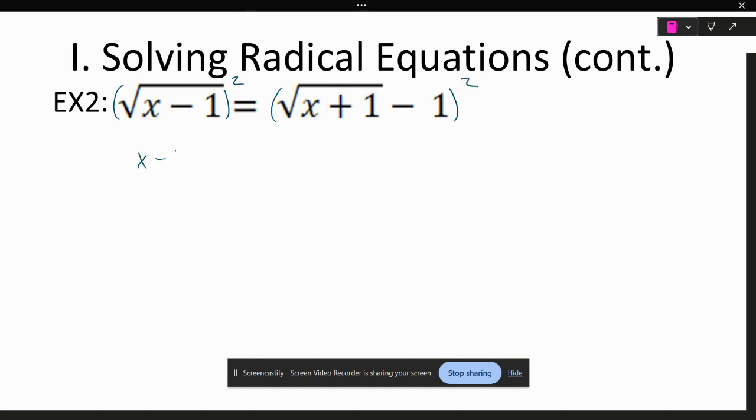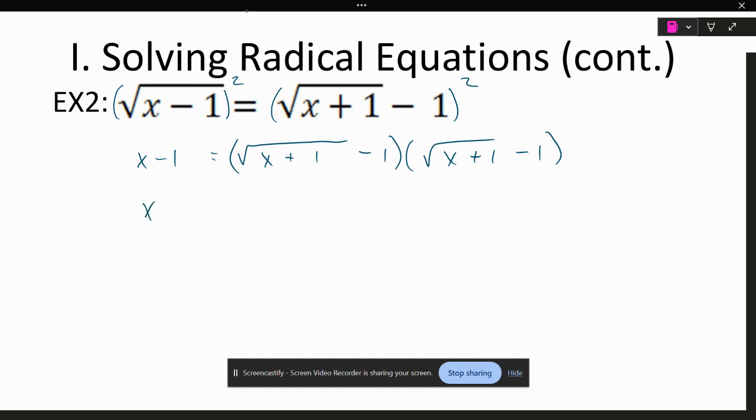So x minus 1, and then square root of x plus 1 minus 1 times the square root of x plus 1 minus 1. All right, I'm going to use FOIL. So whenever I take the square root of 2 things that are the same, the square root cancels out.